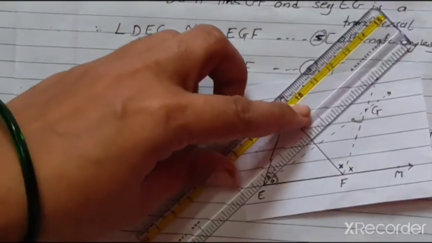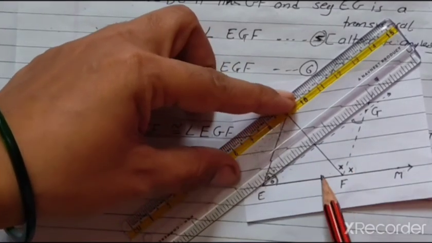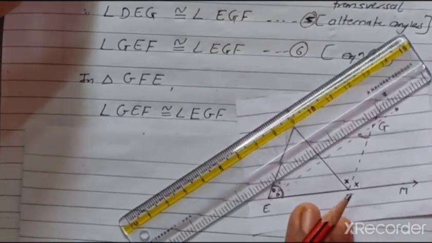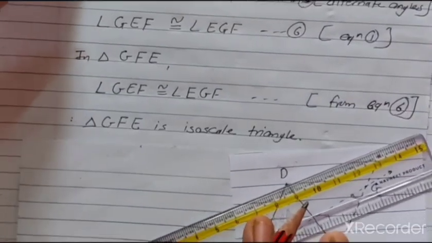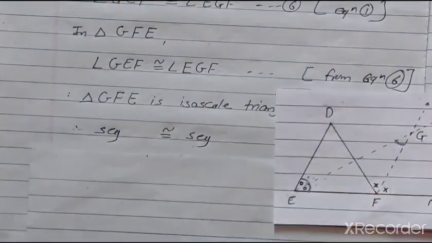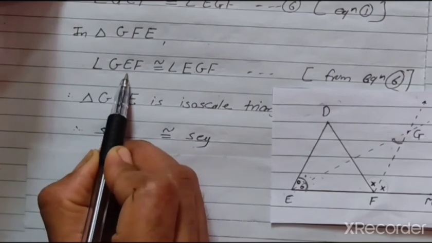So if these two angles are congruent, you can say that this triangle is an isosceles triangle, because by using the converse you can say the opposite segments of congruent angles are also congruent.